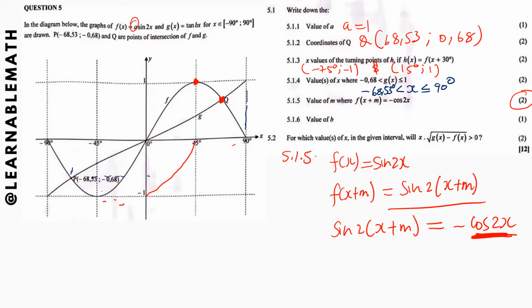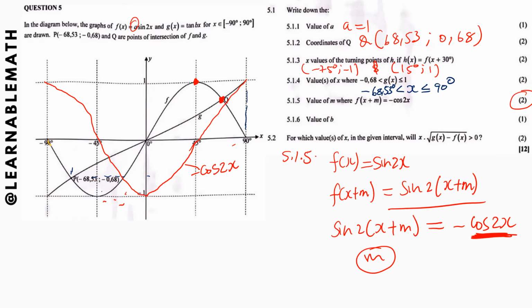So this is the graph of minus cos 2x, right? And you just check to say how can we shift. What's happening here is that we are shifting the graph of f by m units, either to the left or to the right. How can we shift it such that it can be the same as this red graph?